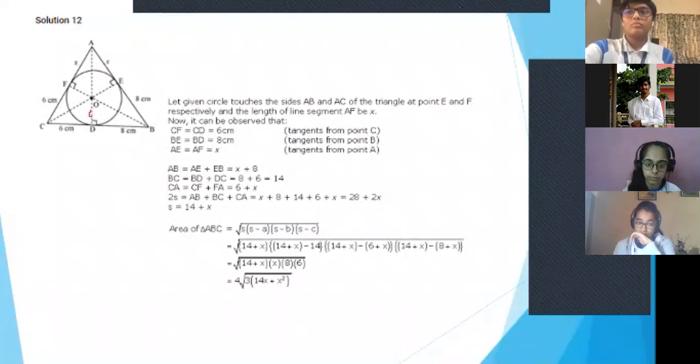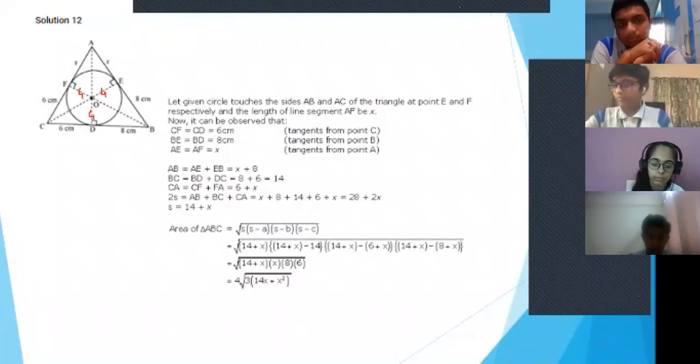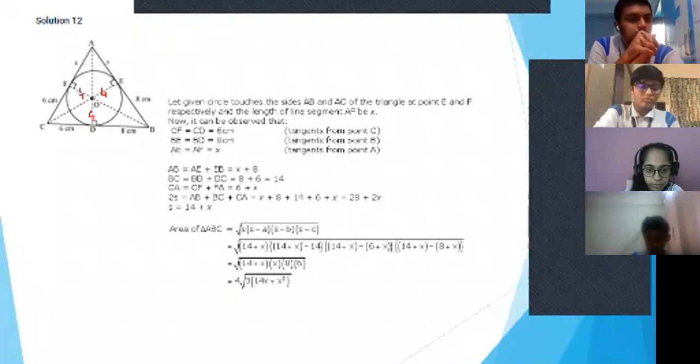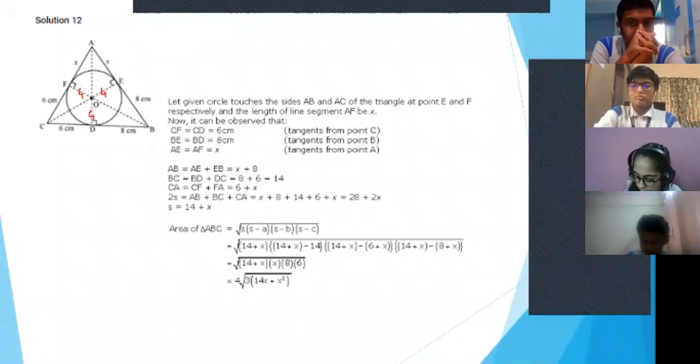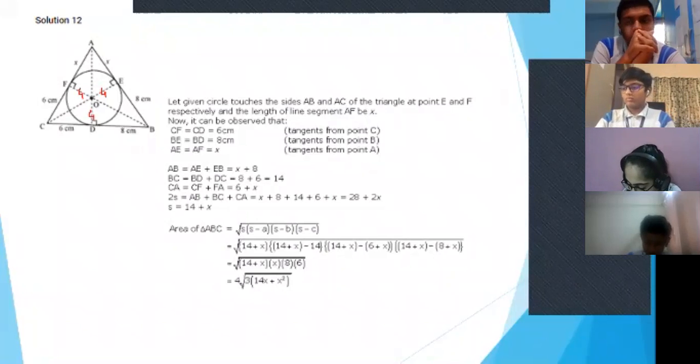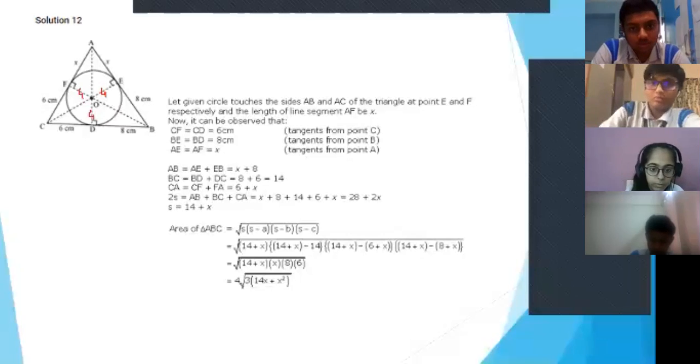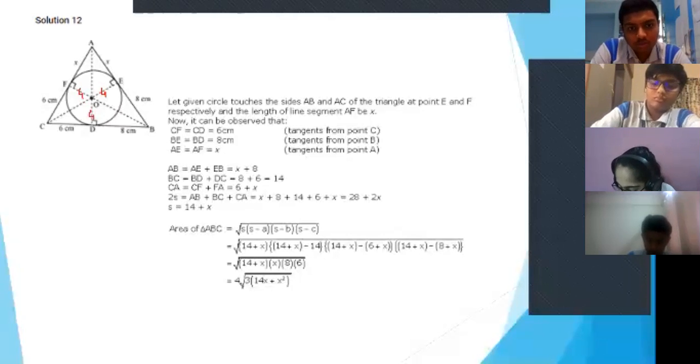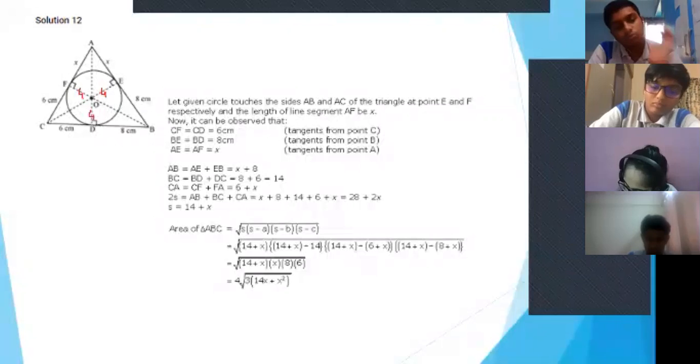This is 4, and this is 4. Now, such that the segments BD and DC, you can see, are 6 and 8 centimeters, given to you. What else? Find the sides AB and AC. You have to find sides AB and AC.